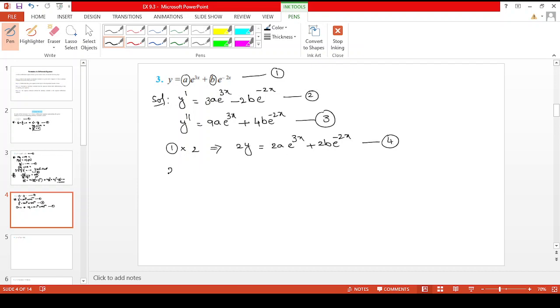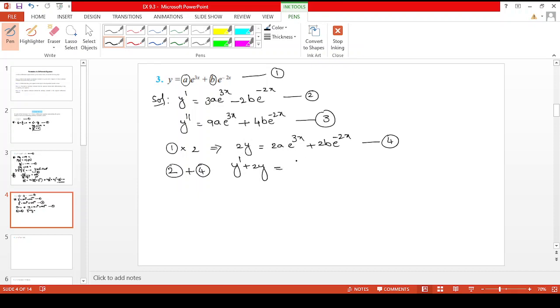Now equation 2 plus 4. Why am I doing 2 plus 4? Because here it is minus 2b e power minus 2x and here plus 2b e power minus 2x, so it will be avoided, right? Y dash plus 2y: the left hand side of equation 2 is y dash, the fourth equation left hand side is 2y.